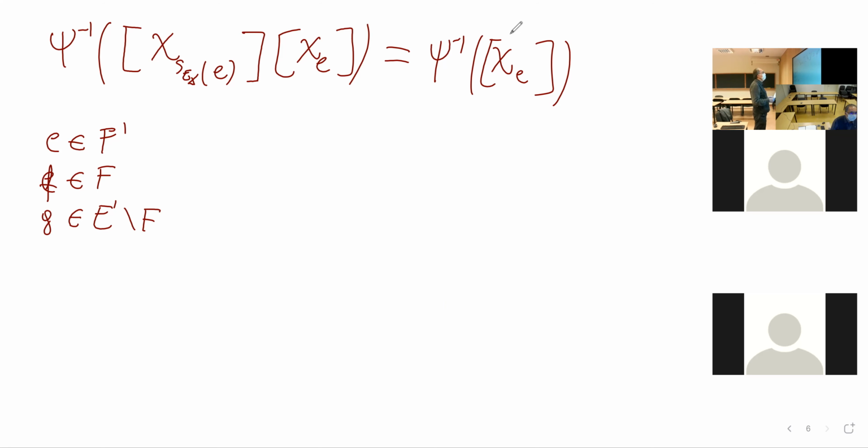Now, okay, so maybe the easiest one is the last one, because when G is not in F, then its end is not in 1. And also, of course, it's not in Y prime.